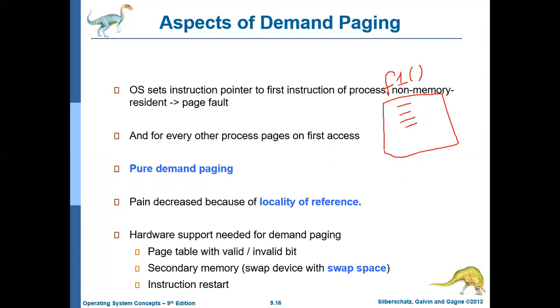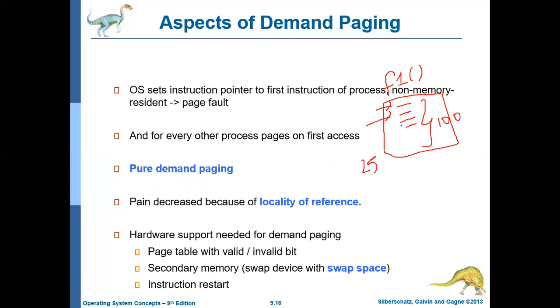If this program contains some 100 instructions, they will be working only on these variables. If you are using an array, maybe 20 or 25 of these 100 instructions will be referring to that array, and to whatever variables are declared in that function.